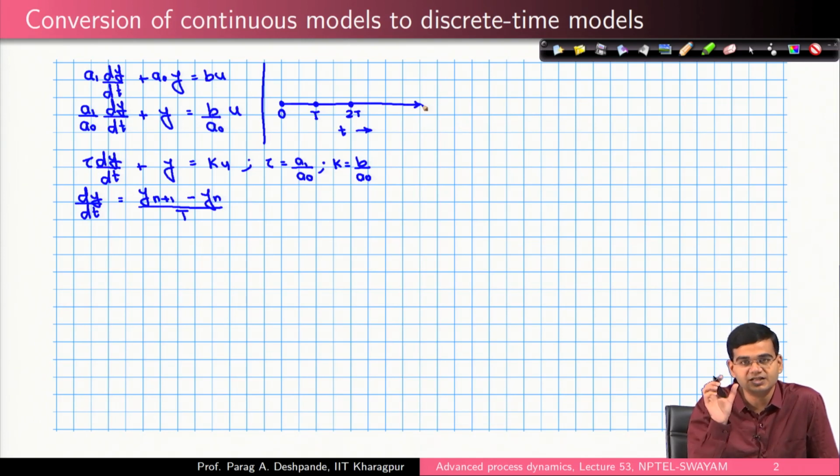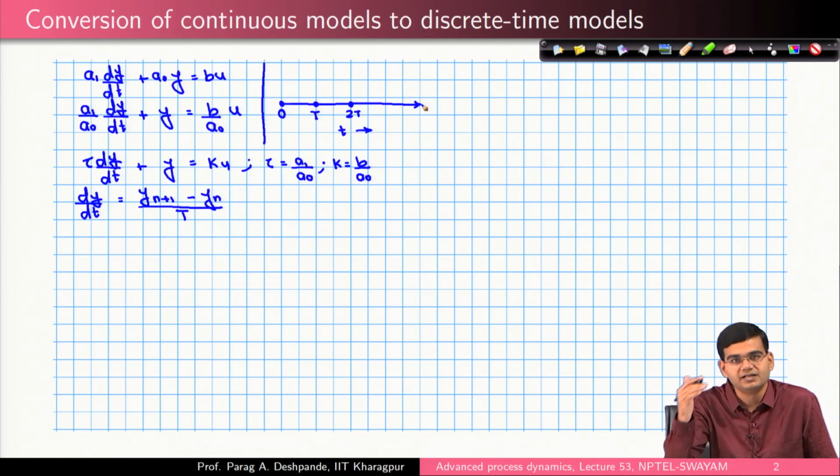Capital T is the interval in which the sampling is done, and y n plus 1 is the intensity of the signal at the next instant, given that the intensity of the signal is y n at the current instant. Okay.